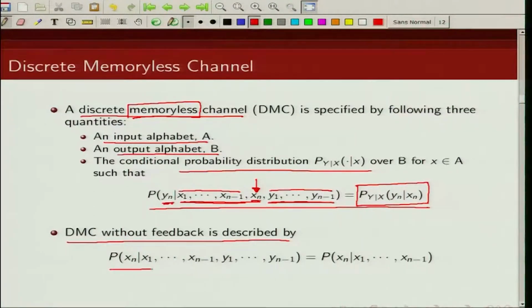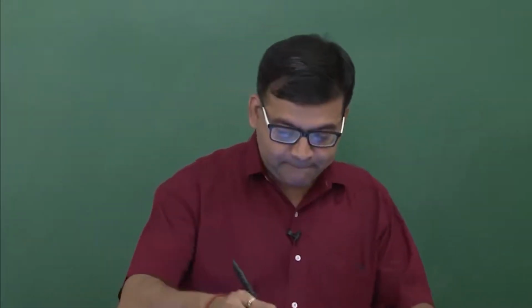The probability of xn given x1, x2, up to xn minus 1 and y1 to yn minus 1 only depends on the probability of xn given x1 to xn minus 1. So it does not depend on the past values of the output. So this is our discrete memoryless channel without feedback.